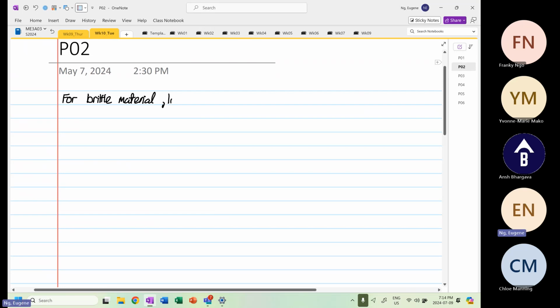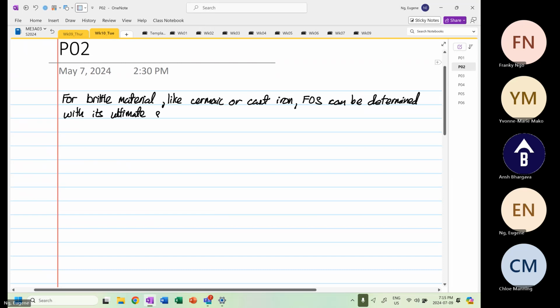For brittle material like ceramic or cast iron, the factor of safety can be determined with its ultimate strength. Why is that?